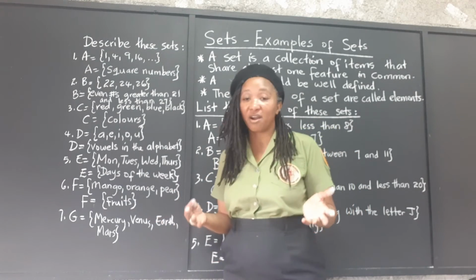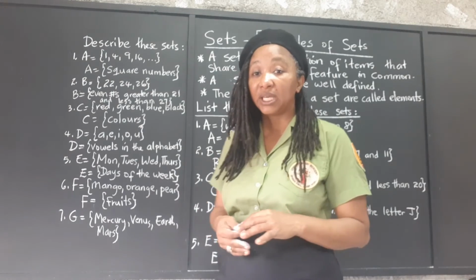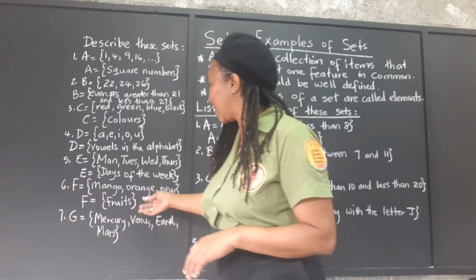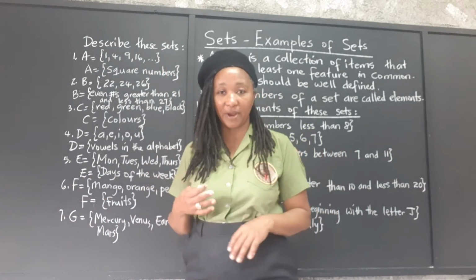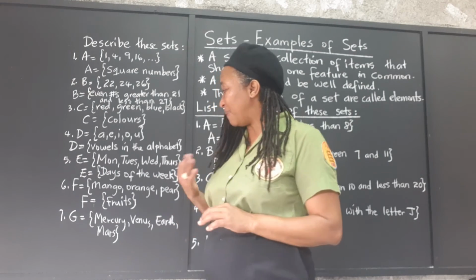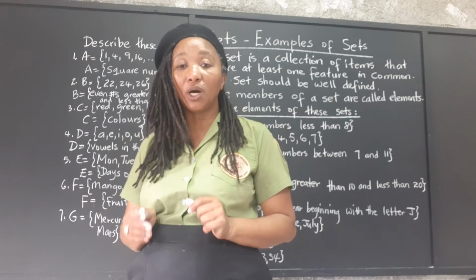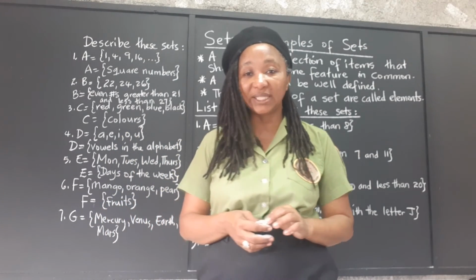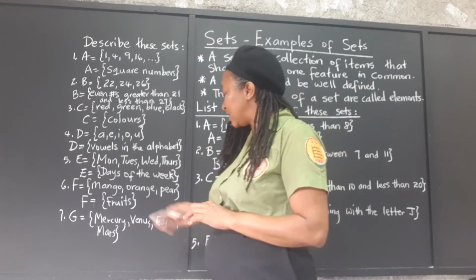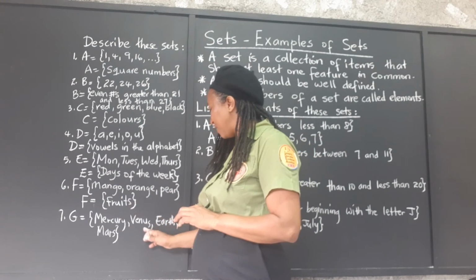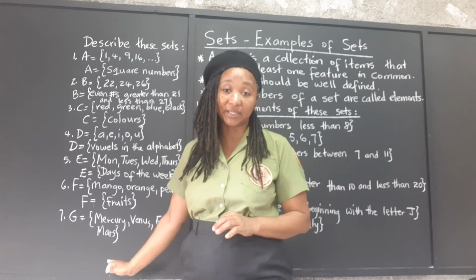So there are ways we can narrow down the description, or we can just give general descriptions, right? But the best thing is to try to be as specific as you can, because we want our sets to be very well defined.